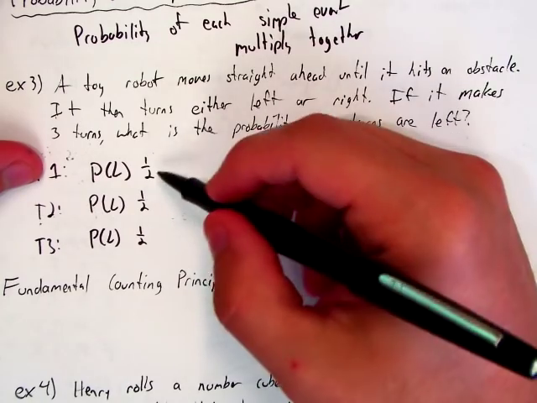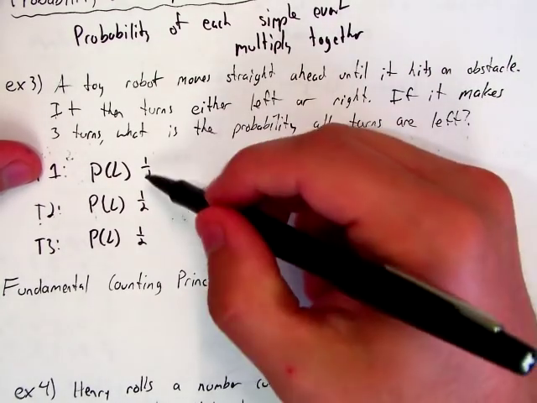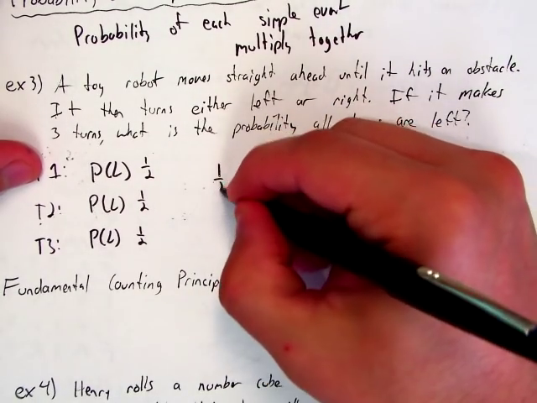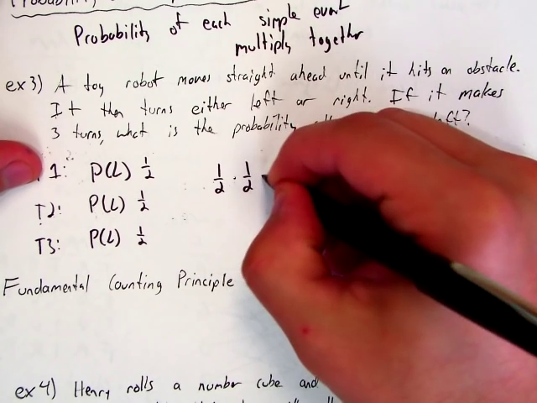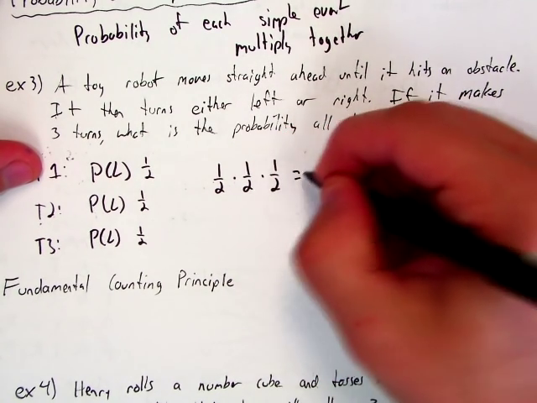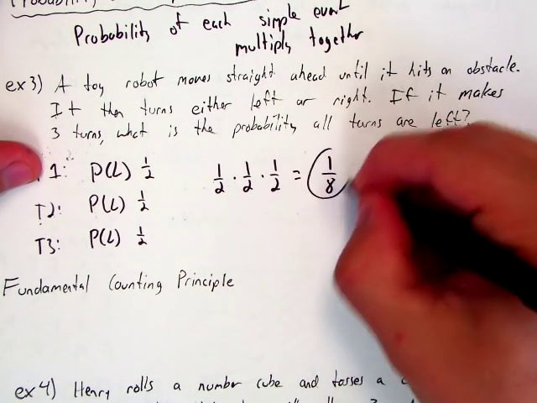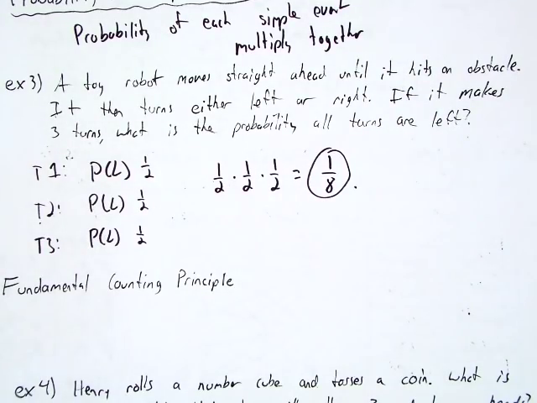So the probability of getting all 3 turns to be left would be 1/2 times 1/2 times 1/2, which would be 1/8. So that would be the probability of after 3 turns having them all be left turns. Again, find the probability of each simple event and then multiply them together to get the compound event.